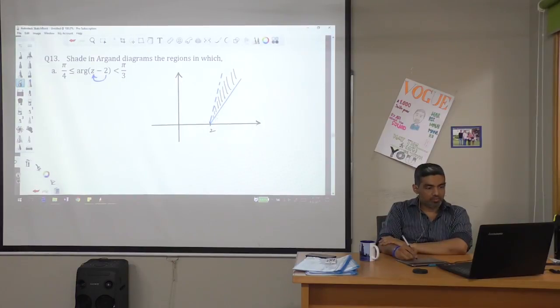This angle is pi by 4, and this angle is pi by 3. So your z can be anywhere within this area, or it can be exactly on this line. That's it. So your locus is not just a line, it's an entire area. So in inequalities, this will always be the case, you will come across an area.